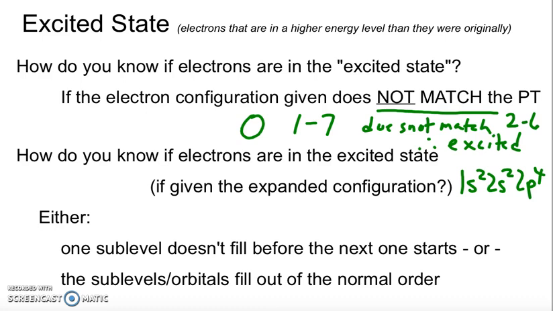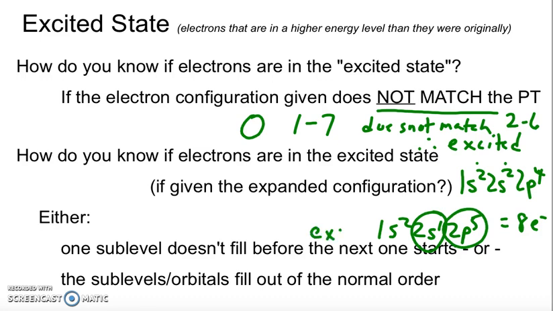So for example, if you saw 1s2, 2s1, 2p5, we know that this is oxygen because 5 plus 1 plus 2 is still 8 electrons, just like up here, 4 plus 2 plus 2 is 8 electrons. We know that those are both oxygen, but the 2s did not fill before electrons were put into the 2p. Therefore, this is said to be excited. So if they filled out of order, that's a pretty good indication that the atom is in the excited state.